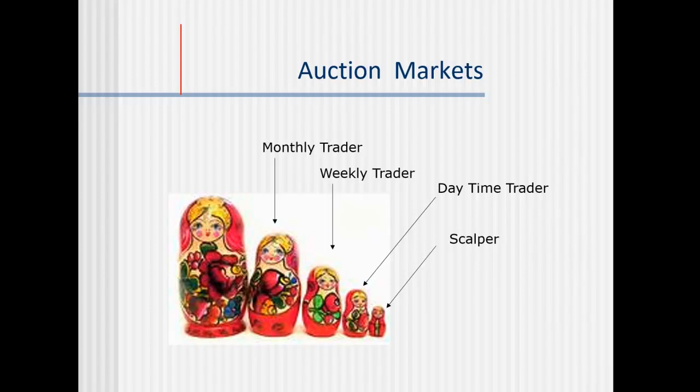Then, of course, we have weekly traders and we have monthly traders. The weekly traders really, their span of time is from 1 week to the next. And a weekly trader could also be trading based on days, 2, 3 days, 4, 5 days.